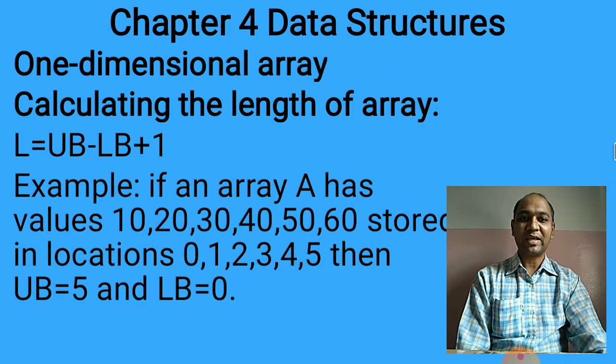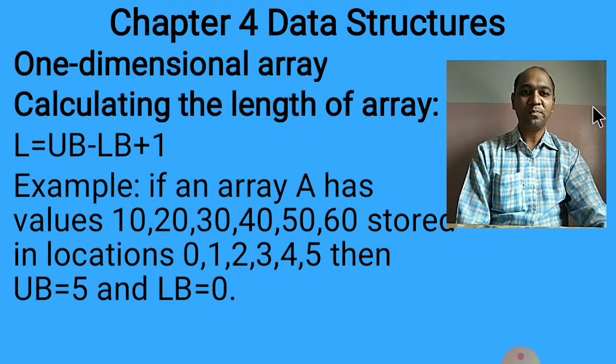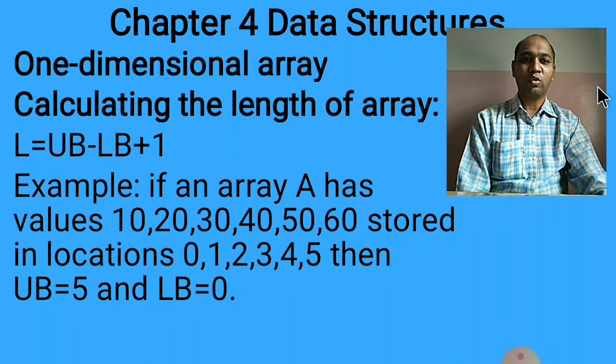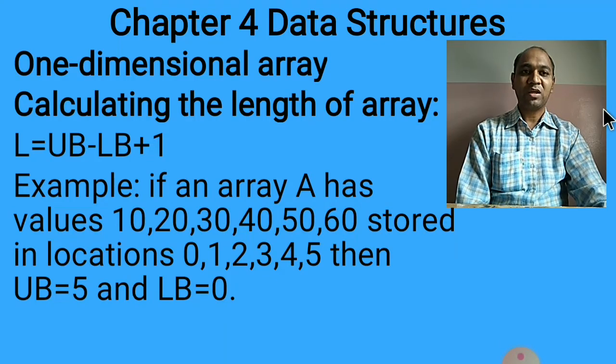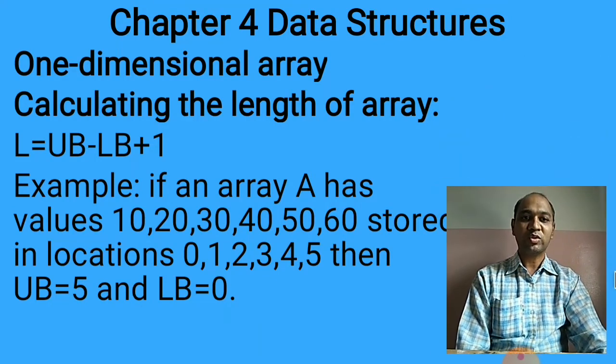Next we'll continue with the example. If an array A has values 10, 20, 30, 40, 50, 60 stored in locations 0, 1, 2, 3, 4, 5, then here you can see UB, that is upper bound, is equal to 5 and lower bound is always 0 because index number starts from 0, right?